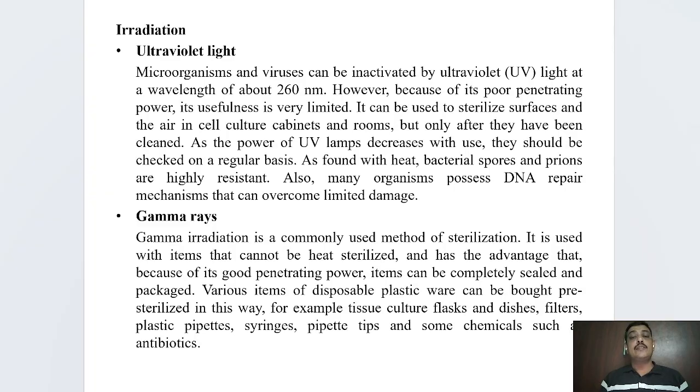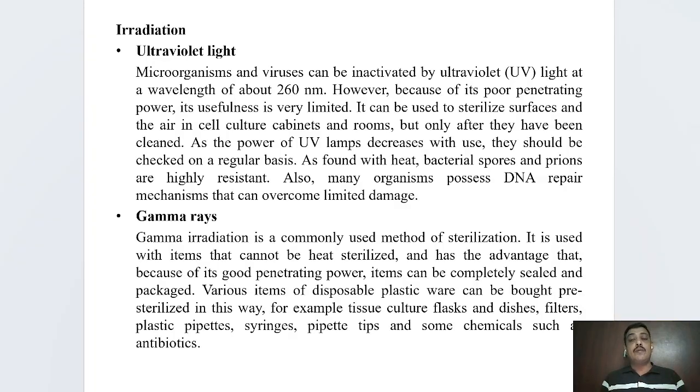So these rays, when they come in contact with the DNA, form thymine dimers. So if you have two thymines present in the DNA, these two thymines are going to become a dimer. That means there is a bond that is going to be created between the thymines, and hence in the microorganism, if this thymine dimer happens, the microorganism's DNA cannot undergo the further process of preparing the protein.